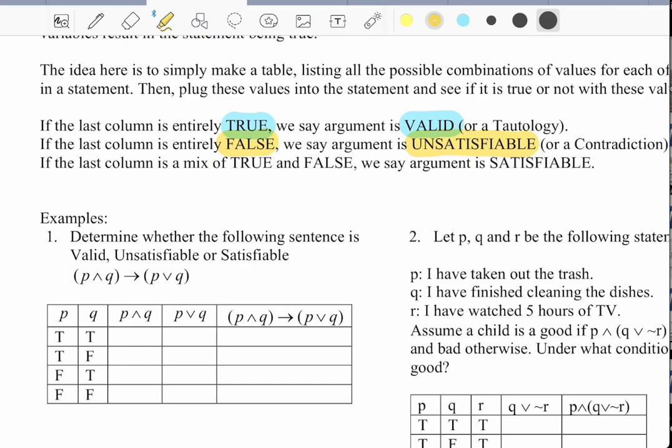We also could say contradiction. Basically, the tautology contradiction is more the math terminology. The valid unsatisfiable is really the more everyday way of saying it. And the last possibility is it could be a mix of true and false, which means it's satisfiable, but only under certain circumstances. All right? That's the gray area.